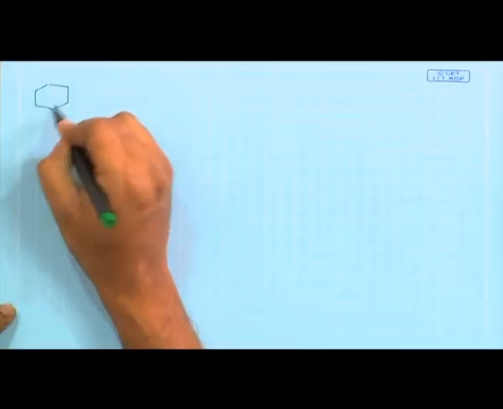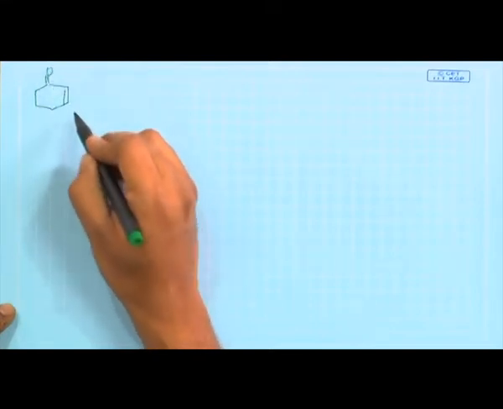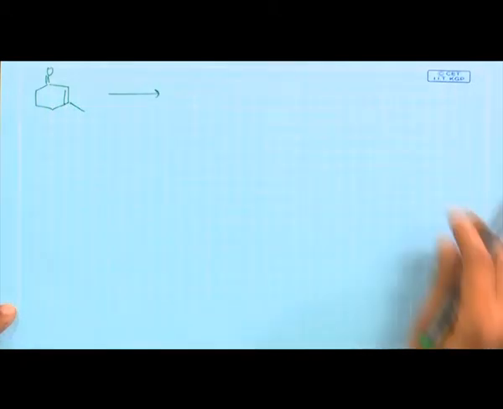So, what are those? Let us first start with the starting material, which was given to you: 3-methyl cyclohexenone.